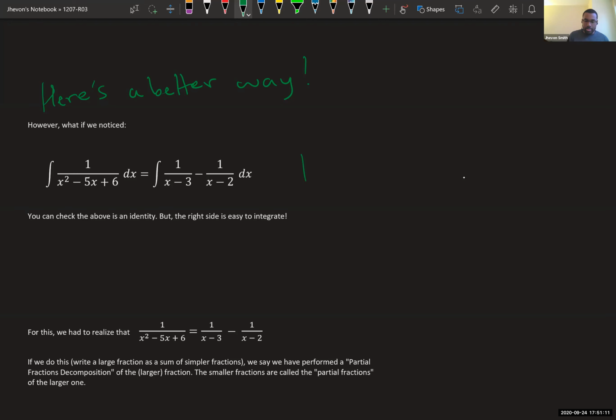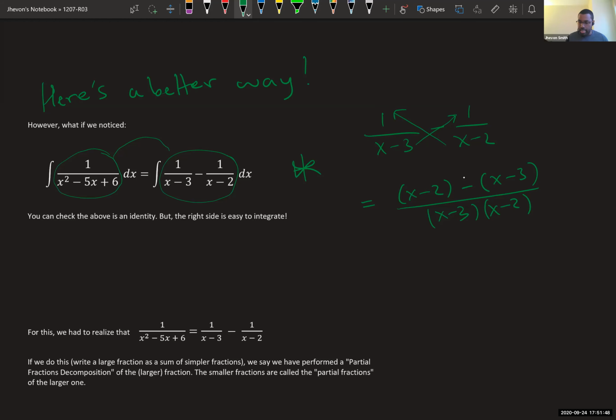Suppose you notice that 1 over x squared minus 5x plus 6 is actually the same as these two fractions added together. And in fact, that is true. If we add these fractions, 1 over x minus 3 minus 1 over x minus 2, this times that, I would get x minus 2 minus x minus 3 all over x minus 3 times x minus 2.